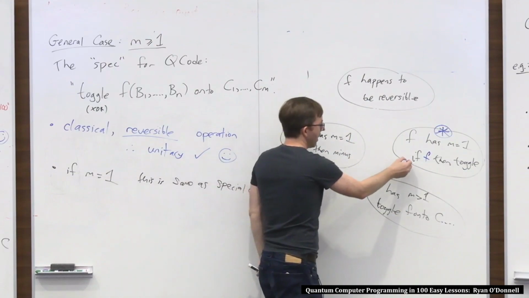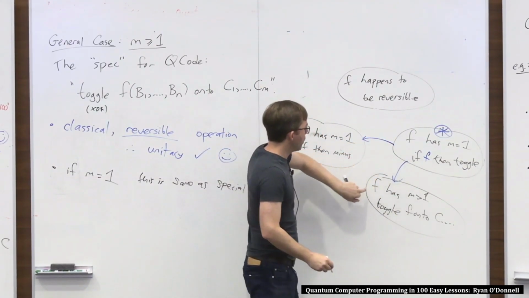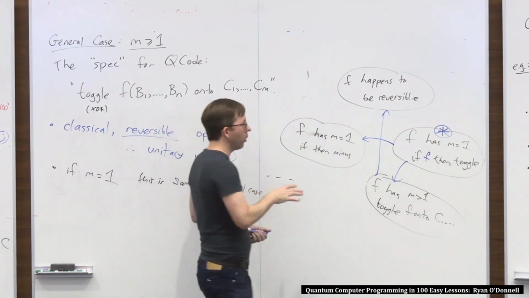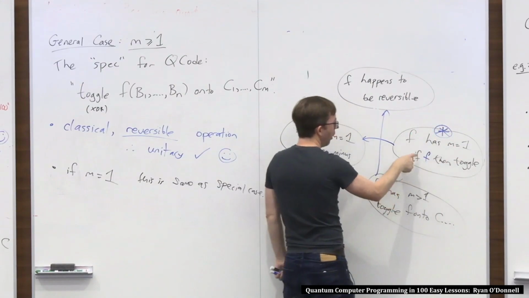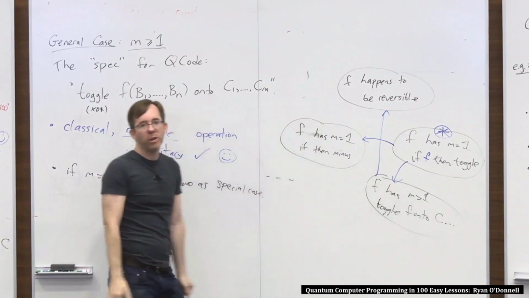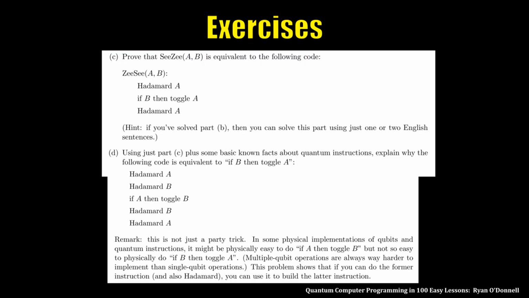Once you have this, it's easy to get that, and once you have that, it's easy to get the next. So the main work will be to figure this out, and then I'll show you that once you have this, you can get all these specs. And that's how we use quantum to compute classical functions.